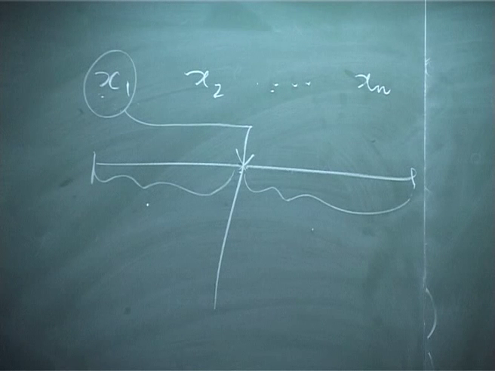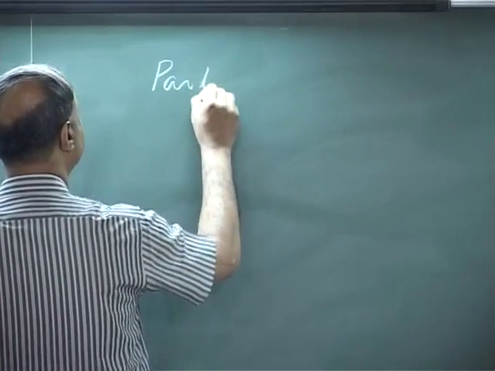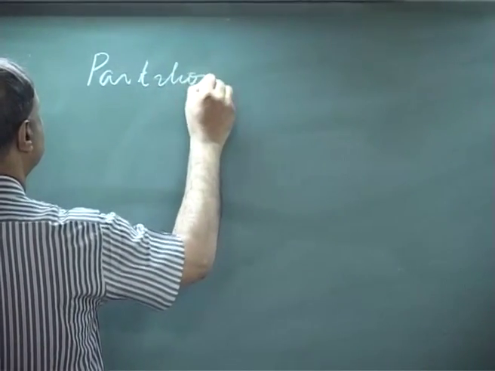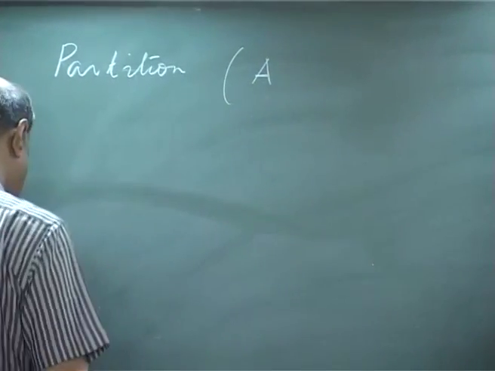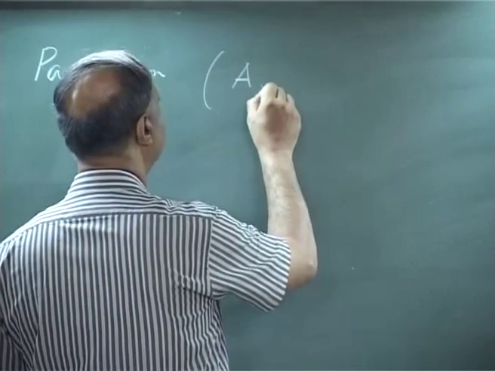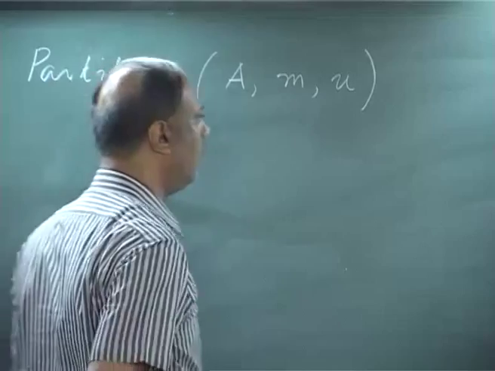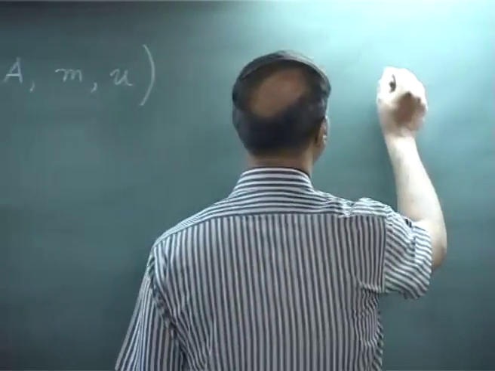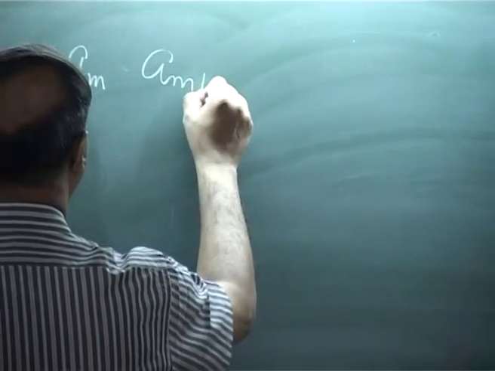Now, how to partition? Say I have a sequence, partition A, M, and U. What is meant is that you have A M plus 1.